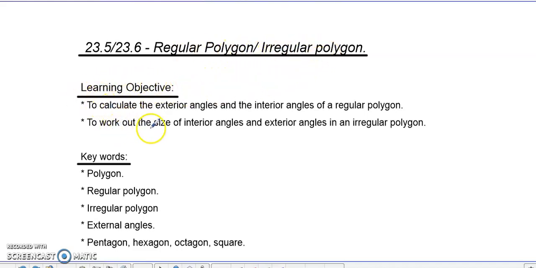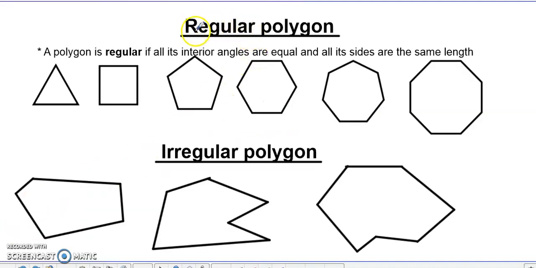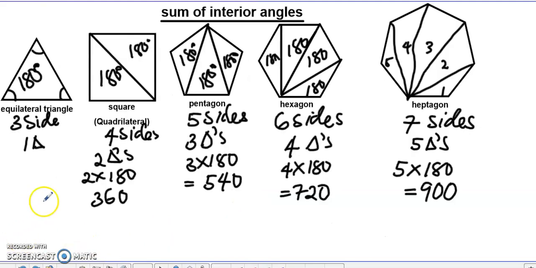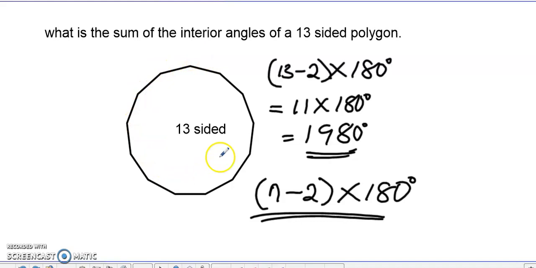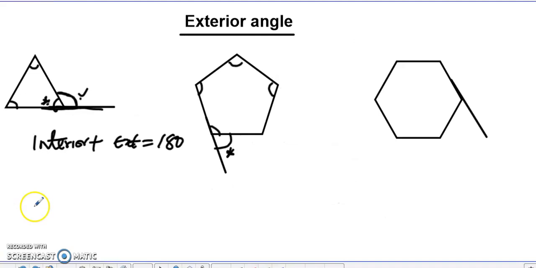We looked at the learning objective and the keywords, and the difference between regular and irregular polygons. We also found the sum of the interior angles, which is n minus 2 multiplied by 180. We looked at some questions, what to do when we have a larger angle, and we solved some questions.